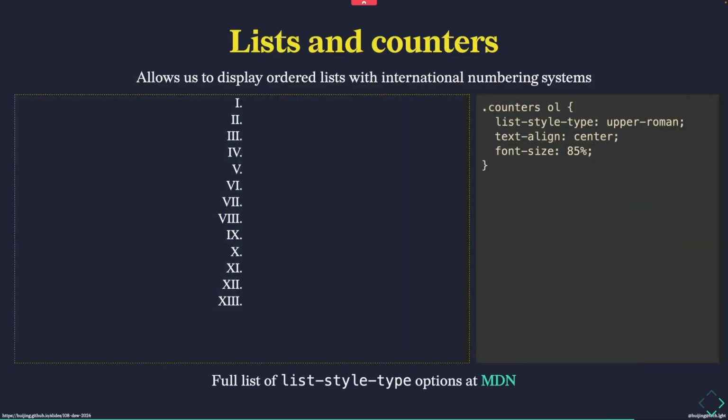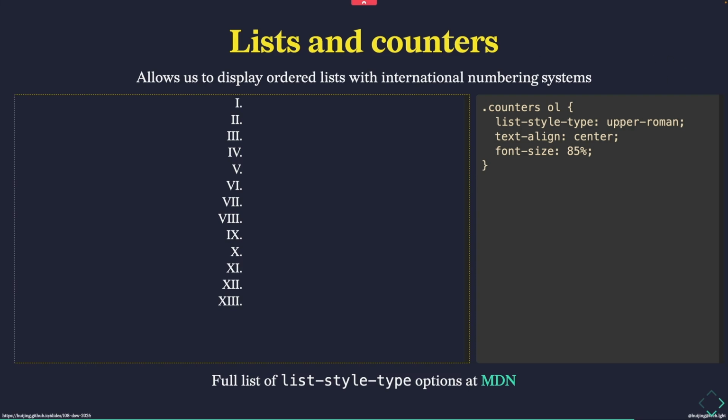And then one last thing I want to cover, I'm probably going to be over time soon. Another thing CSS can do on the internationalization front has to do with lists and counters. Numeral systems are writing systems for expressing numbers. Even though the most commonly used system of numerals is the Hindu-Arabic numeral system, 0, 1, 2, 3, CSS allows us to display ordered lists with other numeral systems as well.